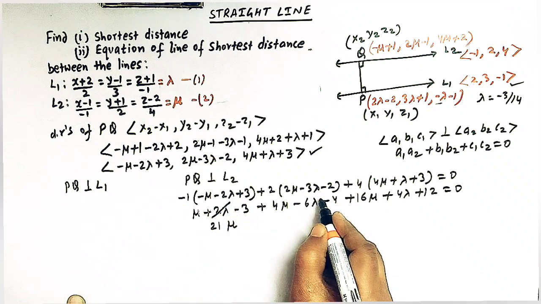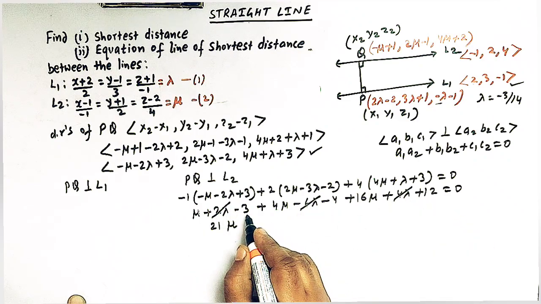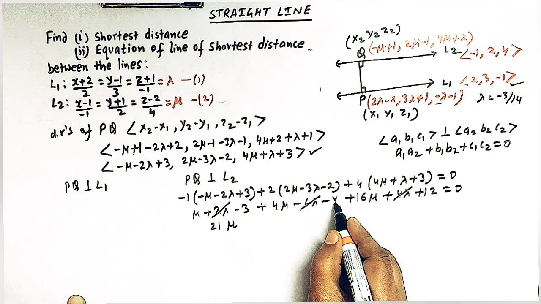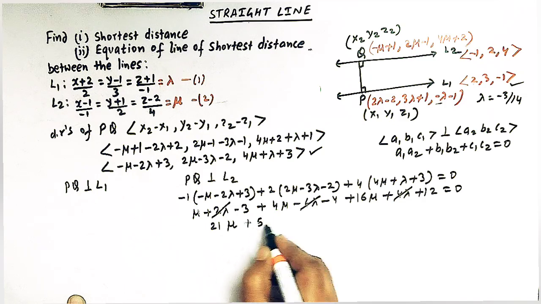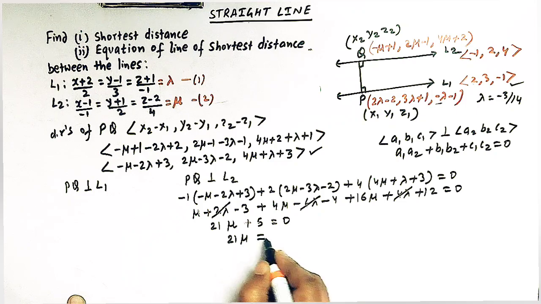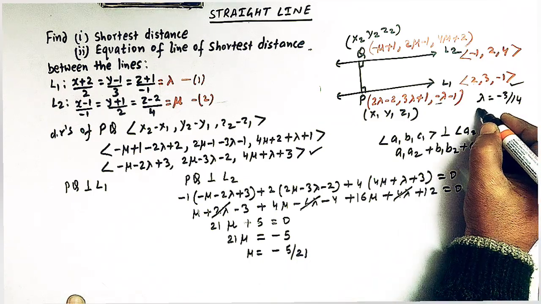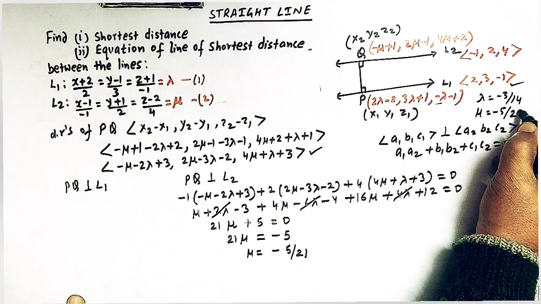So these quantities get cancelled, and then here we have minus 3 minus 4, that is minus 7, plus 12, that is 5, right? And now we can write 21 mu is equal to minus 5. So mu is equal to minus 5 over 21, right? So now the value of mu is minus 5 over 21.